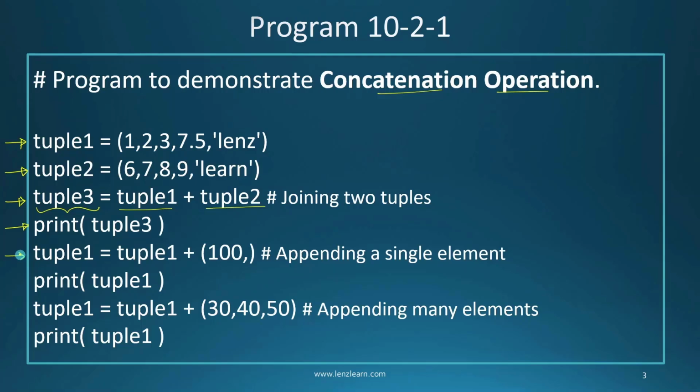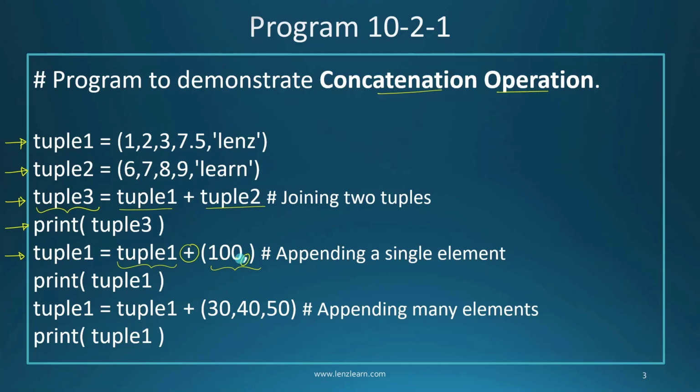Now in the next statement, I want to add a new element to the end of an existing tuple. Here you can see to the elements of tuple 1, I am concatenating a single element tuple. I already discussed with you, if you want to make a single element tuple, after the element you have to give a comma. Don't forget that.